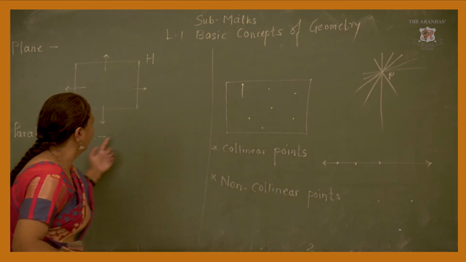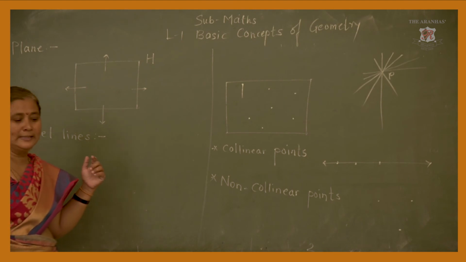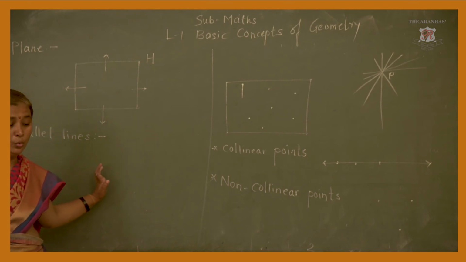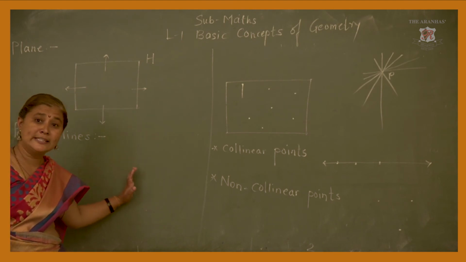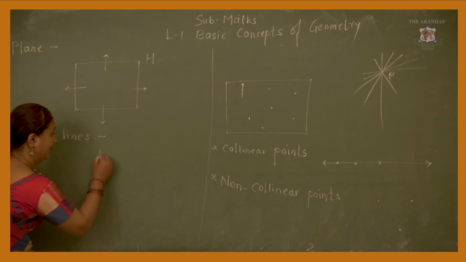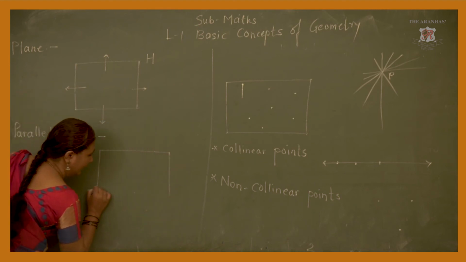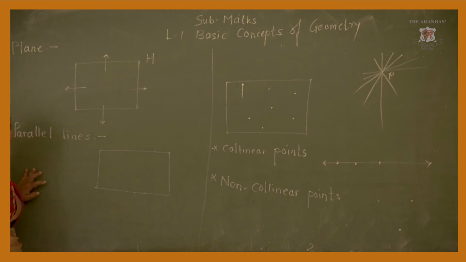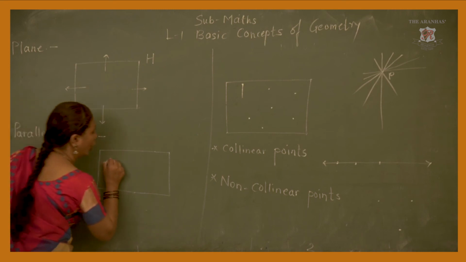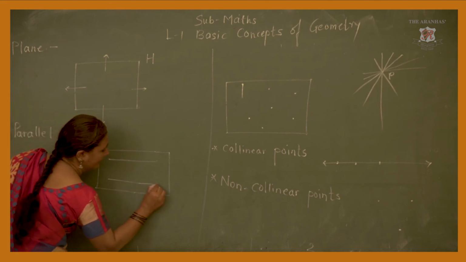So what is the definition of parallel lines? Lines which lie in the same plane. Same plane means again a flat surface. The lines which lie in the same plane but do not intersect each other are called parallel lines.